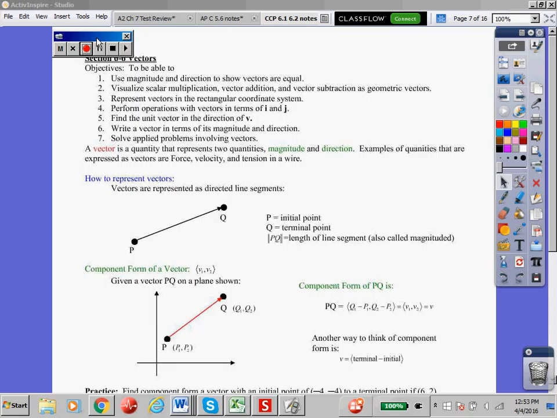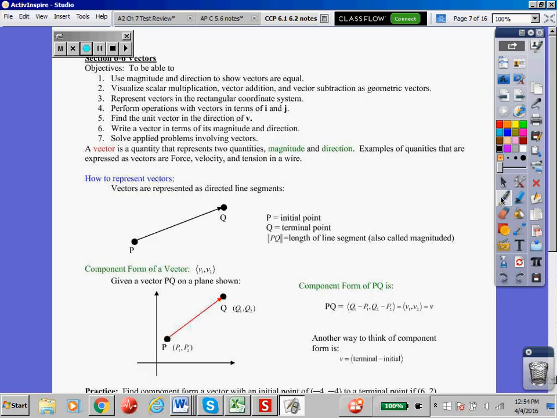But it says underneath number 7, a vector is a quantity that represents 2 quantities, the magnitude and the direction. Examples of quantities that are expressed as vectors are force, velocity, and tension in a wire. So there's a lot of, and you may have seen them if you're in physics. Force is a big one there.